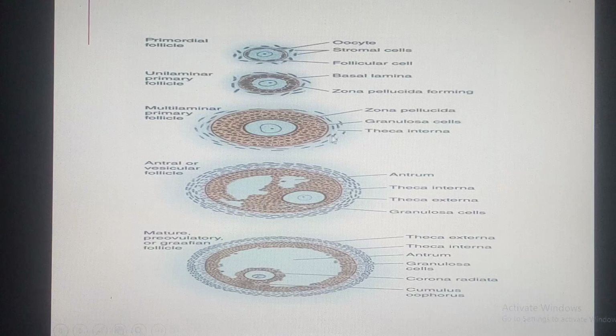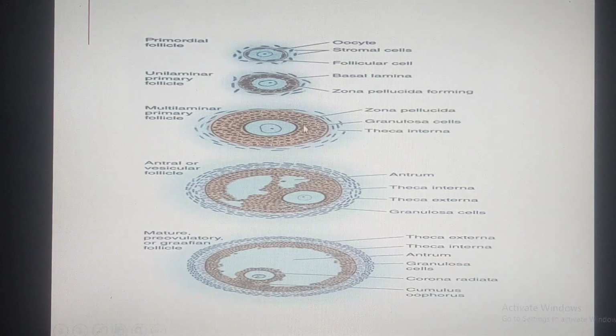Once you see such a thing with a lot of lipid droplets in there, then you know that the cell is capable of steroidogenesis. It will produce what we call androstenedione, which will later be converted to estrogen, actually estradiol, by the granulosa cells.